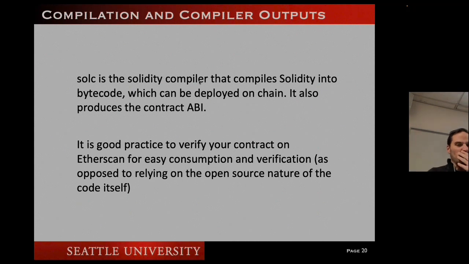The only way you can really verify that is by taking the code, compiling it with the same version of the compiler and comparing it to what is on chain. You can do that manually, or you can do it through Etherscan, and then it gets that green check mark. If I have a GitHub repo and a pipeline that's pushing, the Etherscan API allows you to verify.